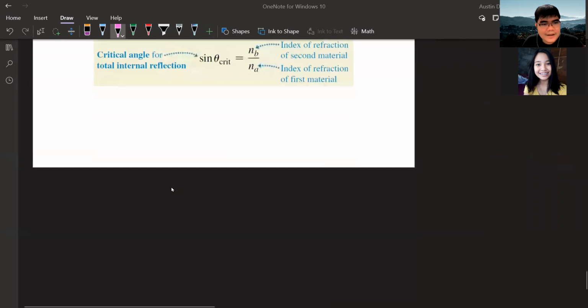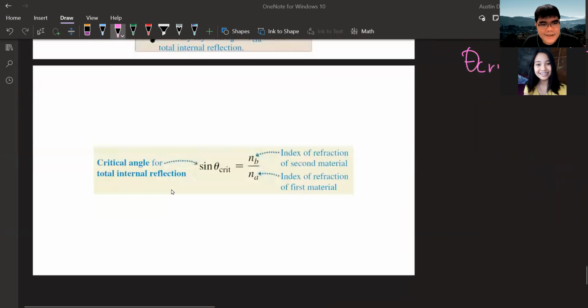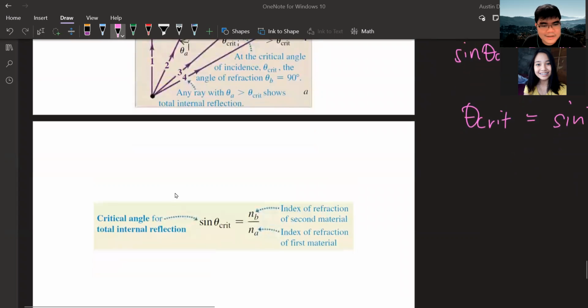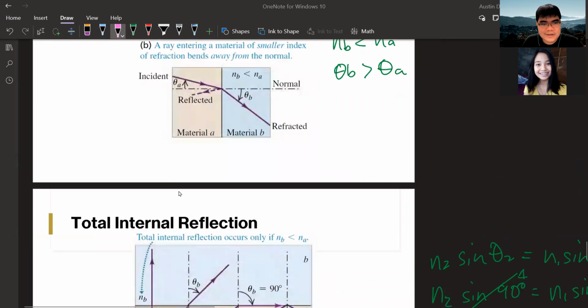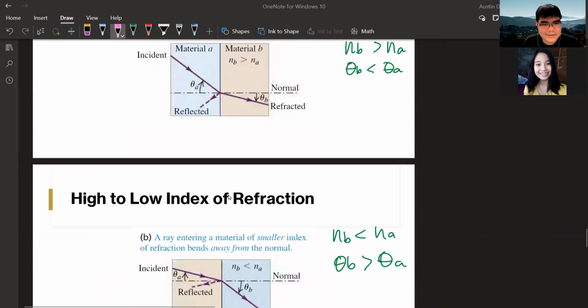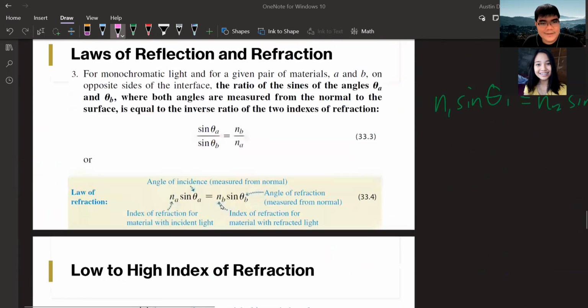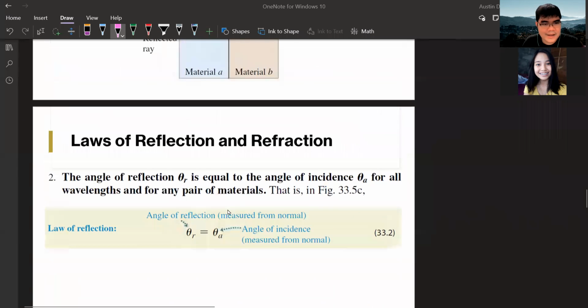Ayan. Wala tayong lecture sa Monday, tapos na tayo sa lesson ngayon. Naglatag lang ako ng mga equations today. I was not feeling well nung Monday tsaka kanina. Pero ayan. I think okay na.